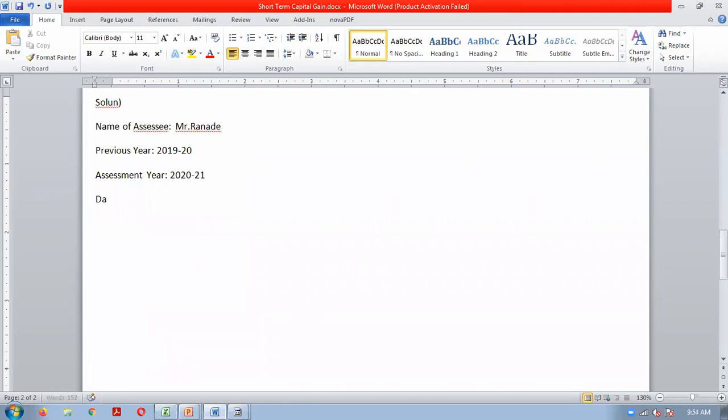Now, date of purchase. Okay, what is the capital asset that we will note? Capital asset is the residential property, which is under land and building. Residential property is sold by Mr. Ranade. Residential property will come under the category of land and building.